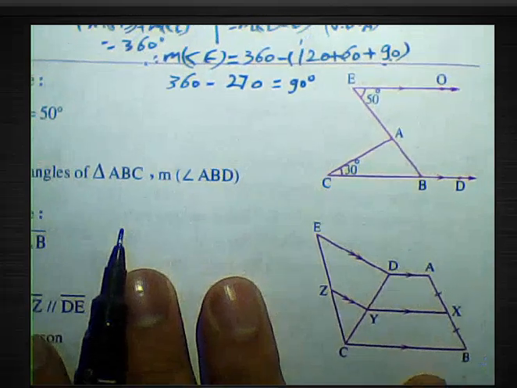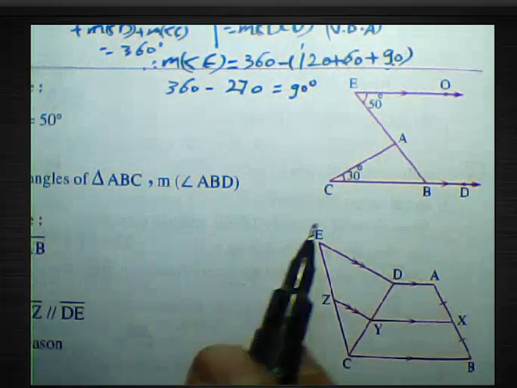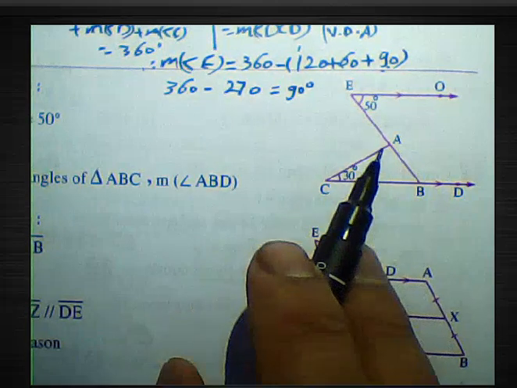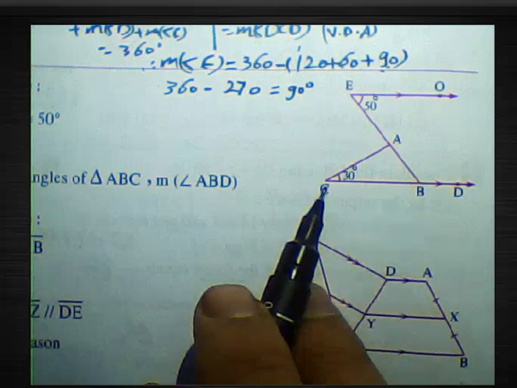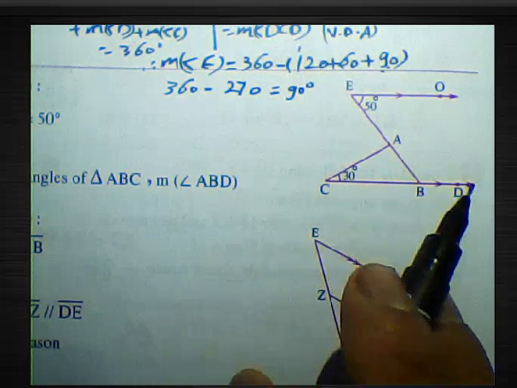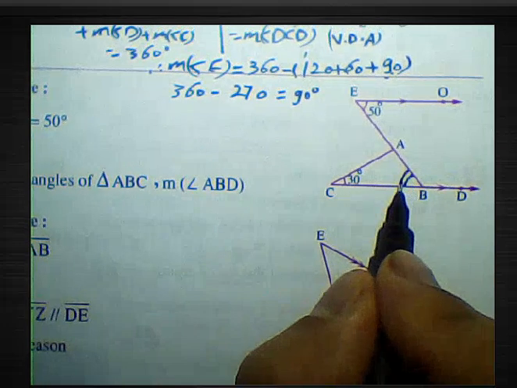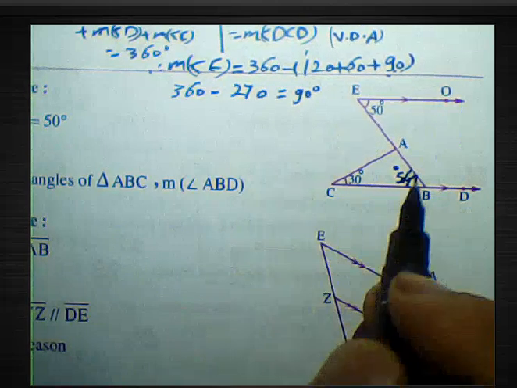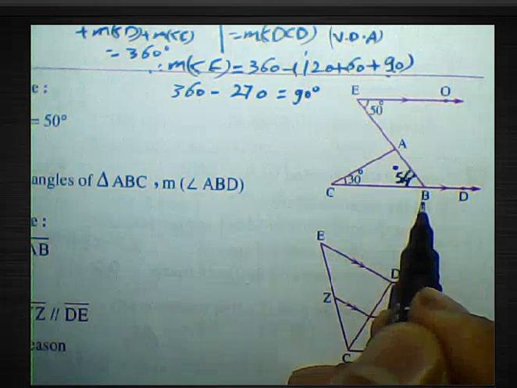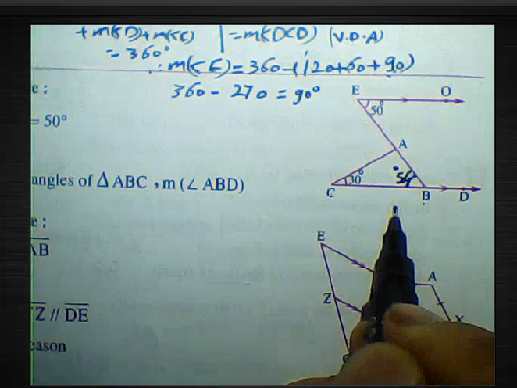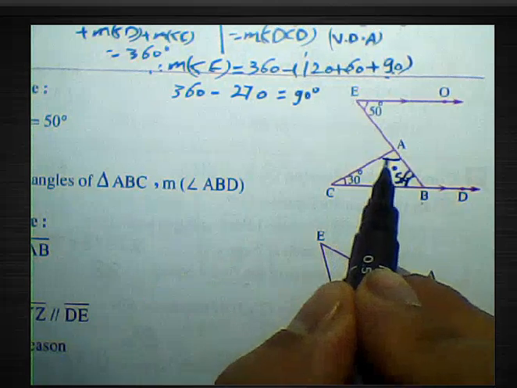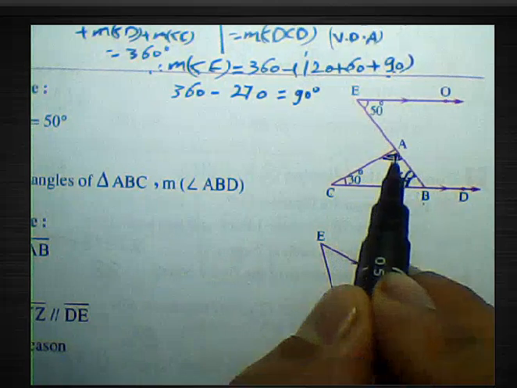Next question, look with me at this example. Here it asks to find the measures of the angles of triangle ABC and the measure of angle ABD. We can find the result here for this angle. It will be 50 degrees, alternate angles, since EO is parallel to BC and EB cuts them. Then the measure of angle B equals 50 degrees, and you can find the measure of angle A in triangle ABC.